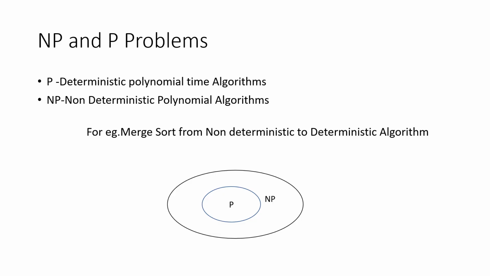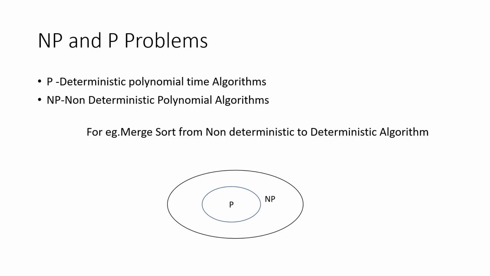In this slide, we'll see what is NP and P, which states the polynomial and non-polynomial problem-based algorithms. From the previous slide, we told the importance of writing a non-deterministic algorithm. One such explored non-deterministic algorithm was merge sort. Previously merge sort was in the category of non-deterministic polynomial algorithms.